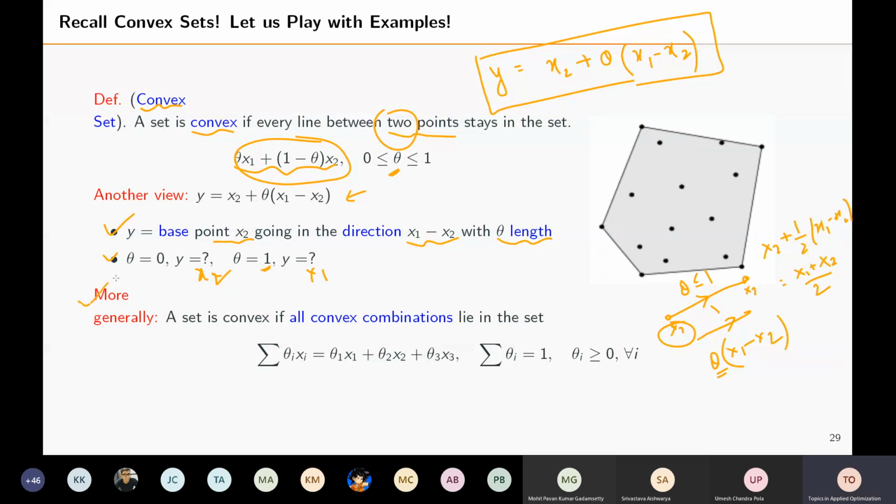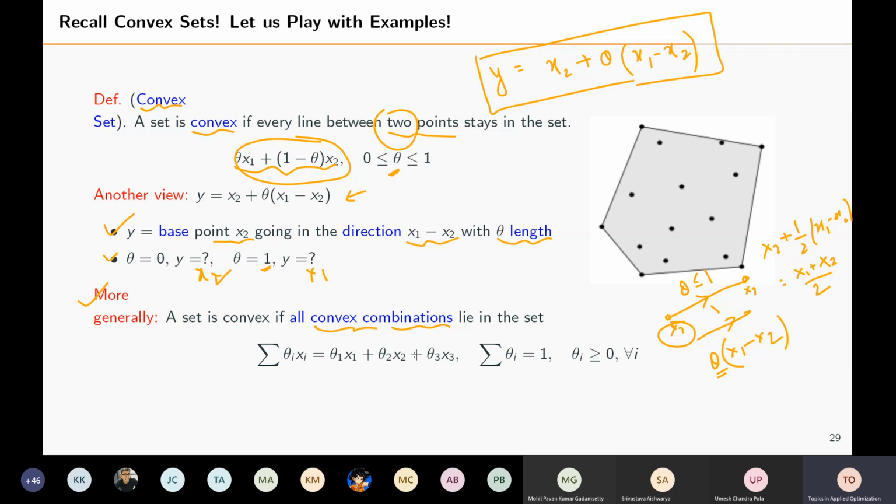We also discussed, more generally, so-called convex combinations. We have seen linear combinations, but this is an example of a convex combination: theta1 x1 plus, in general, up to theta n xn, with i equal to 1 to n.